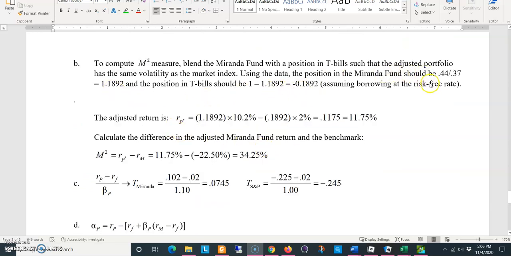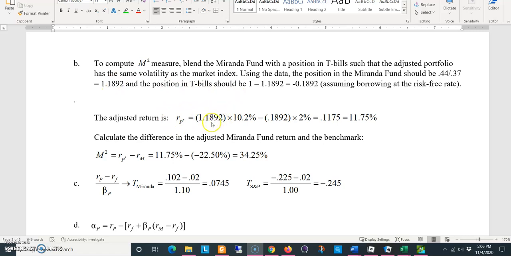So this will give me a W of 1.189 in the fund and minus 0.189 in the T-bills. Once I have those two weights, I can calculate my portfolio return.